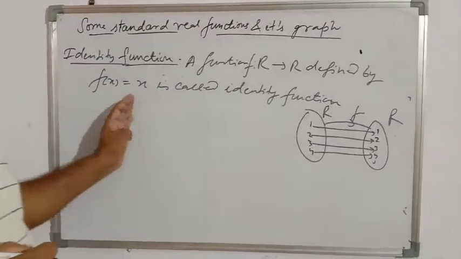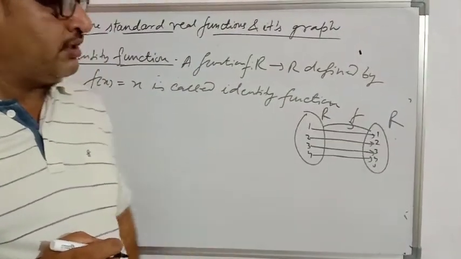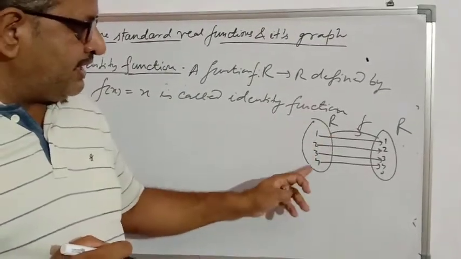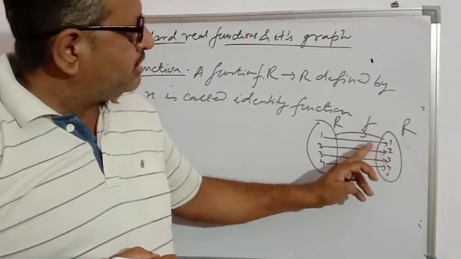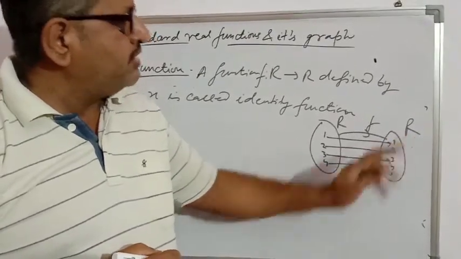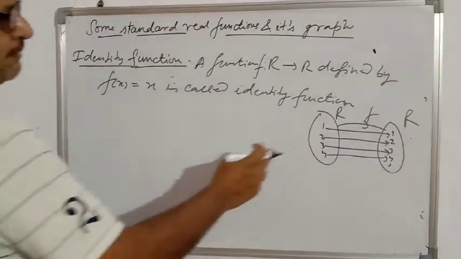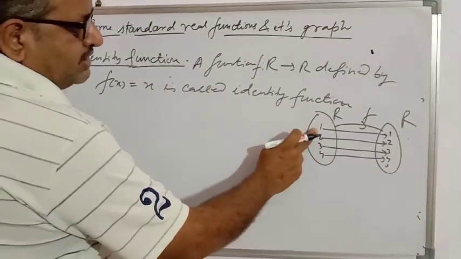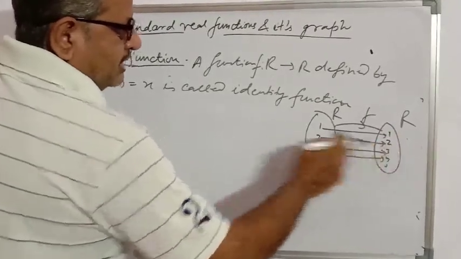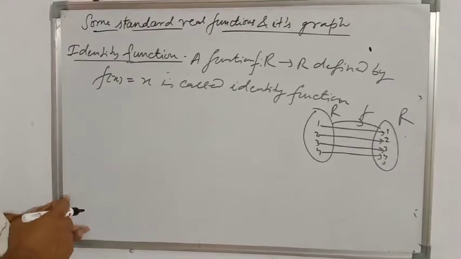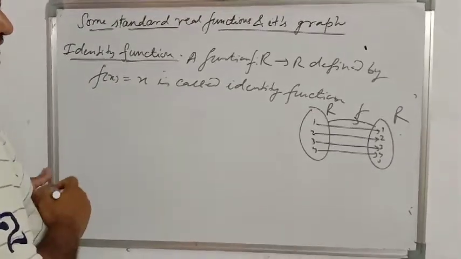So every element of the domain is associated to the element itself in the codomain. Then it is called the identity function.